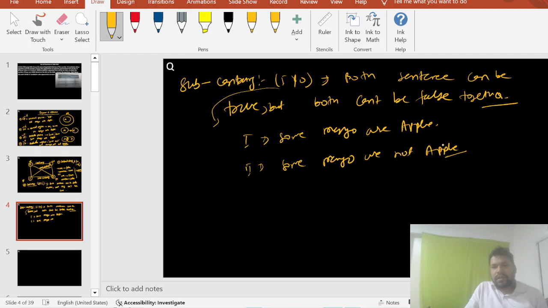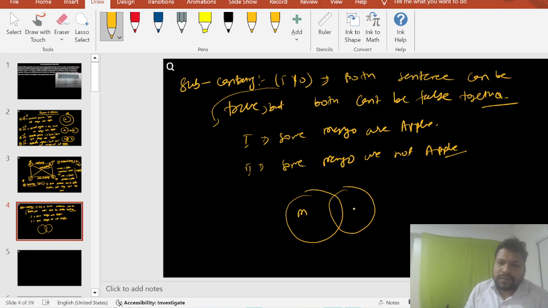I can say that both sentences are true, but we cannot say that both of them are false together, because if you draw that Venn diagram, this is the mango and this is the apple, so here both possibilities exist: some mango are apple and some mango are not apple. So being true together is possible, but they cannot be false together. So that is the third one, called subcontrary.